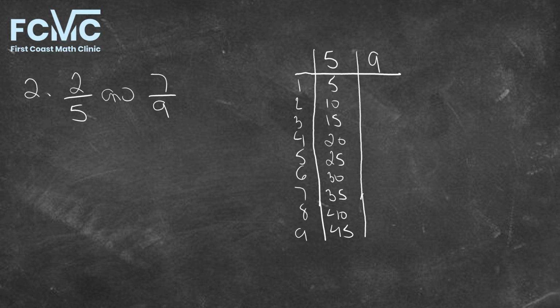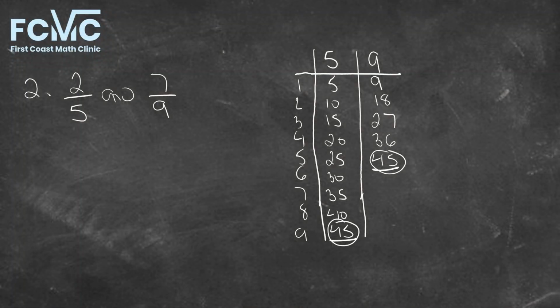And let's do the same thing with 9. And remember, we're looking for the smallest number that they have in common. So once we notice a value that they have in common, we could stop. So we've got 9, 18, 27, 36, and 45. And I'm going to stop here because we have 45 and 45 here and here. So that 45 is going to be our common denominator.